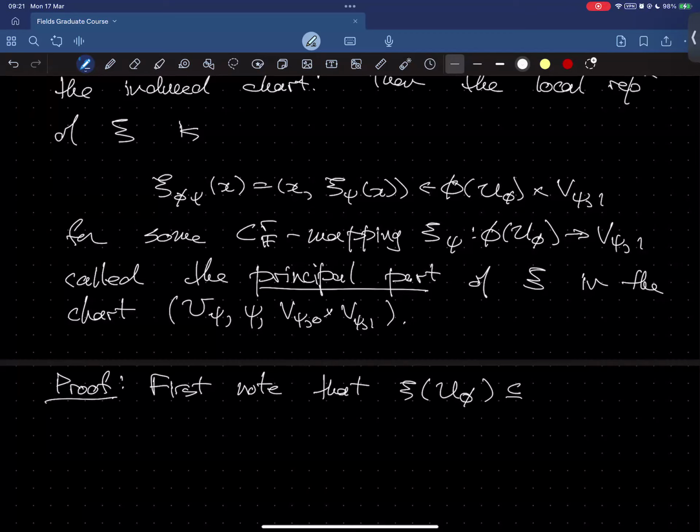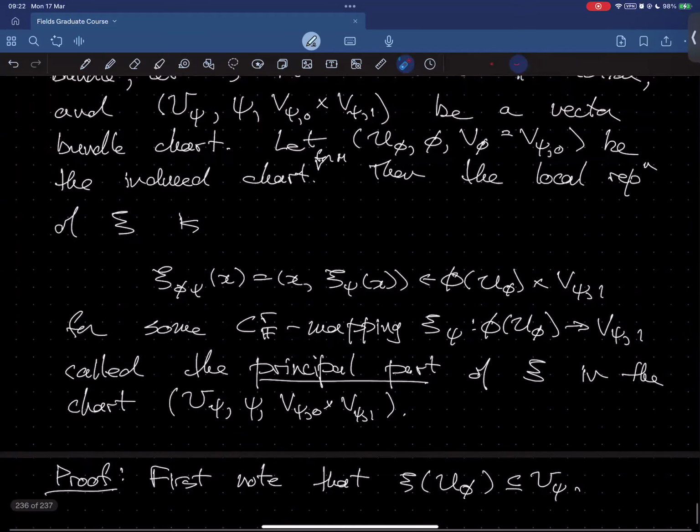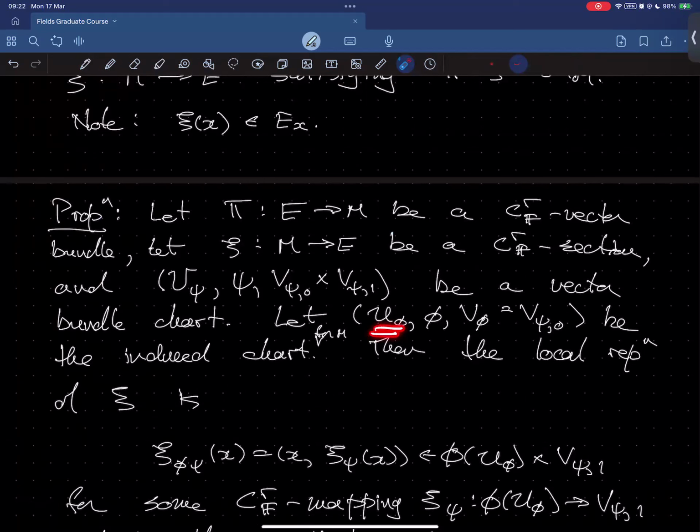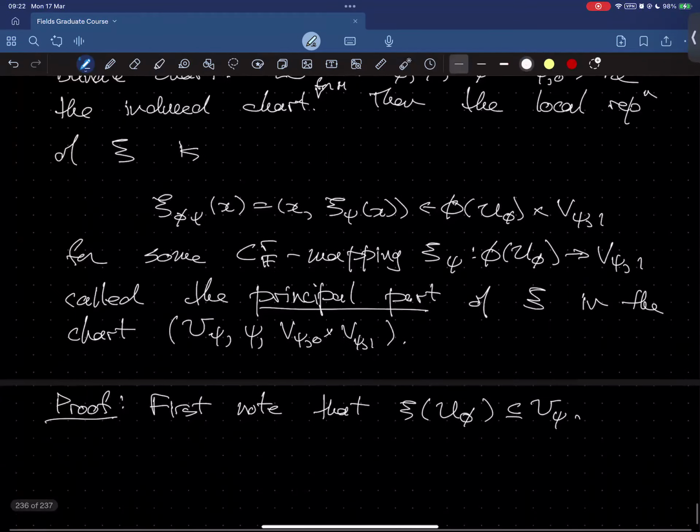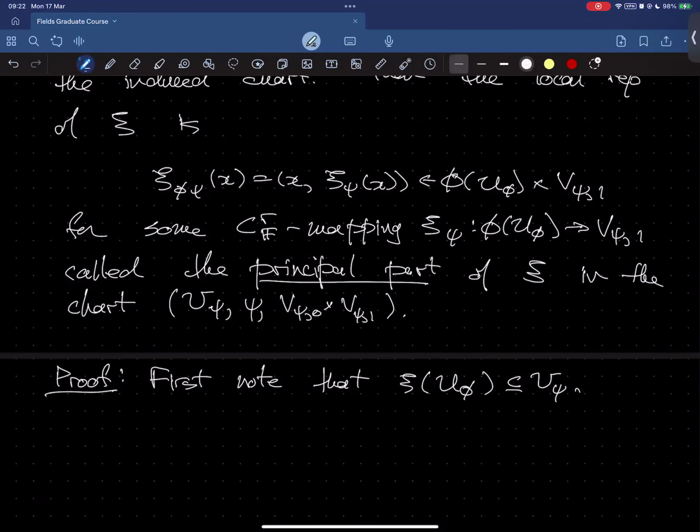So that means here that I must have this, in order for the local representative to even be defined. But that's true, just because the points here are the points in the base space for this vector bundle chart, and C maps points in the base space to points in the fiber over that same point in the base space. So this is true.